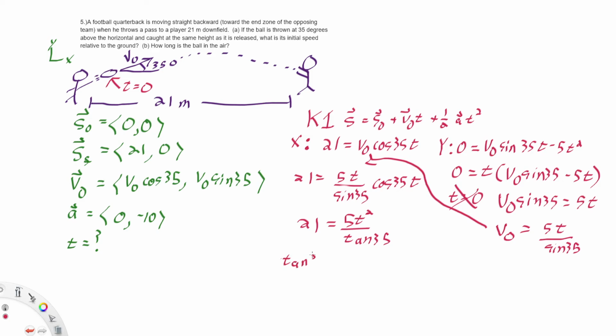Tangent 35 times 21 over 5, square root of all that will give us time, and that's 1.71 seconds. Take that, plug it back in over in the y direction, and we get v naught equals 14.9.